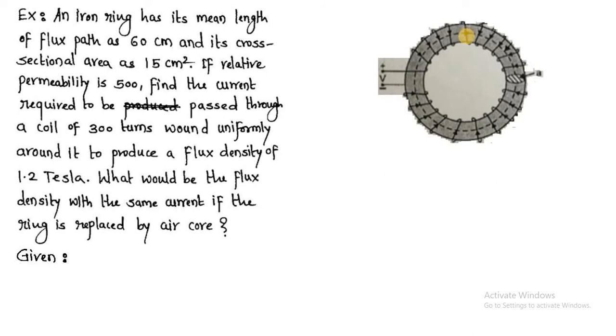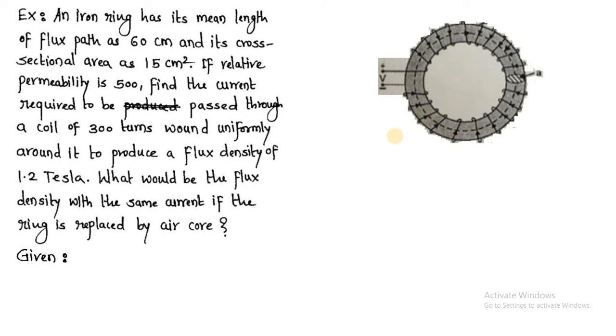It is only a simple air cored coil. So in that coil, what will be the flux density if the same current passes? One by one we will see in this numerical. There are many parameters we are covering. I am taking this numerical intentionally so that you will get an idea of many parameters and how to calculate them.